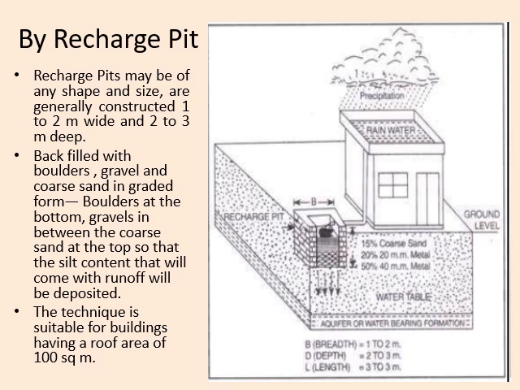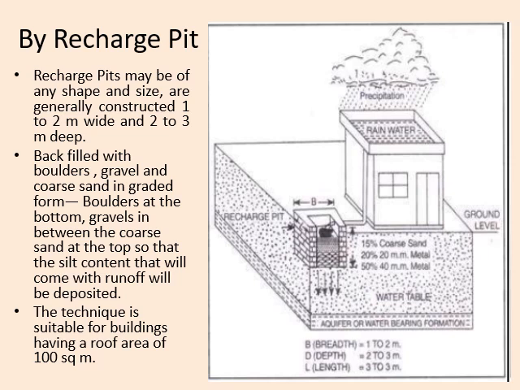So the pit has to be dug, and these pits are backfilled with boulders, gravel, and coarse sand in graded form. Boulders will be at the bottom, which will be of a greater size, gravel in between, and the coarse sand will be at the top, so that the silt content that will come with the runoff water will be deposited.